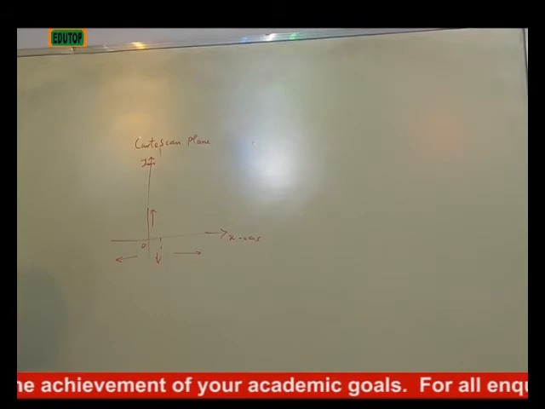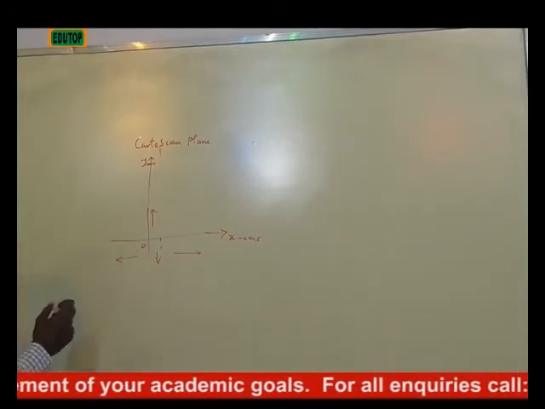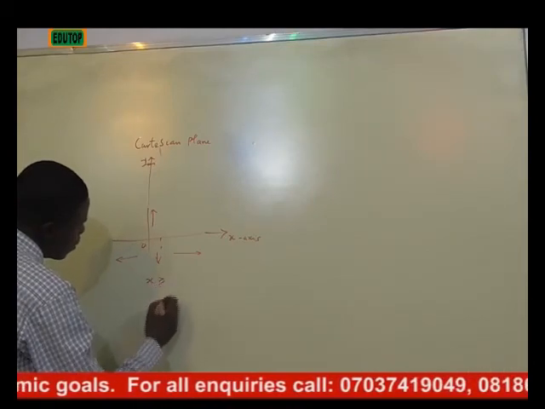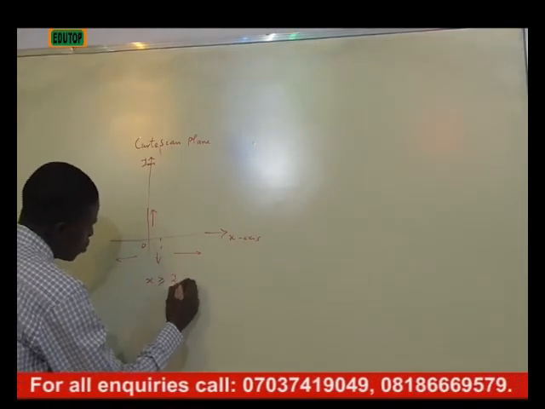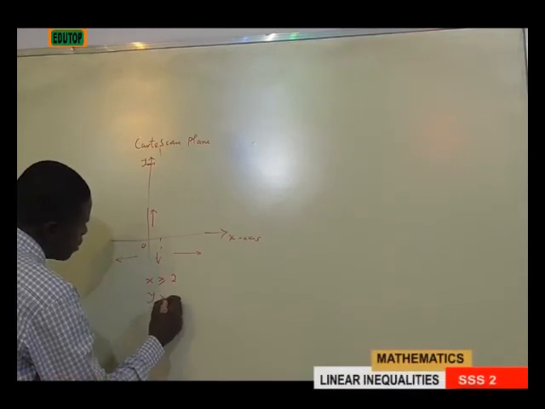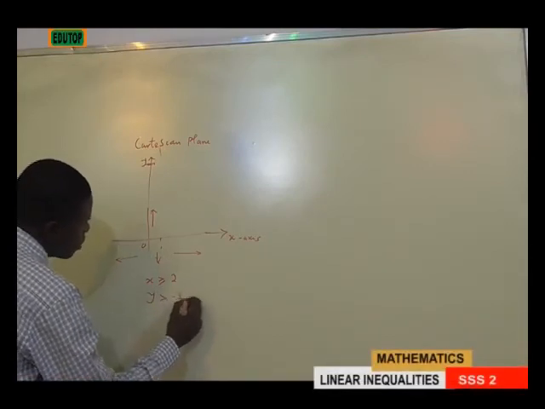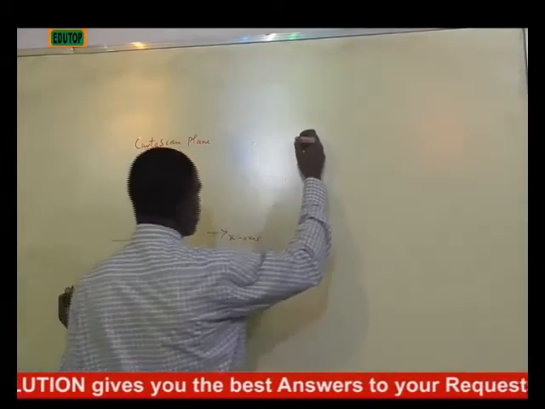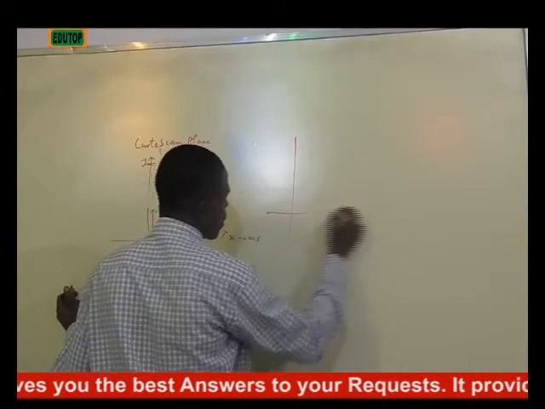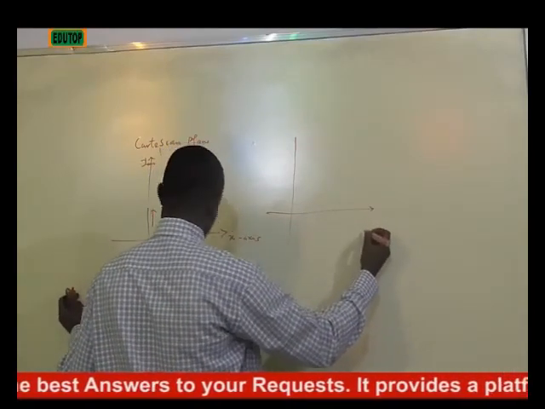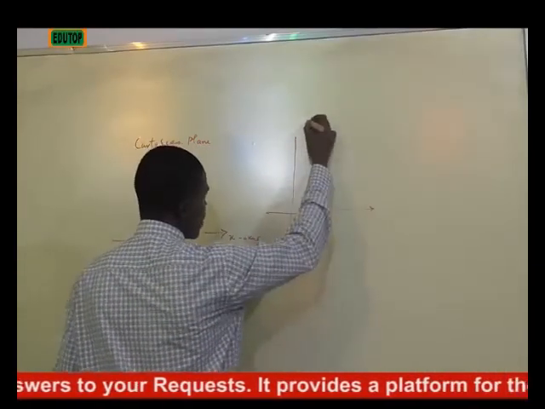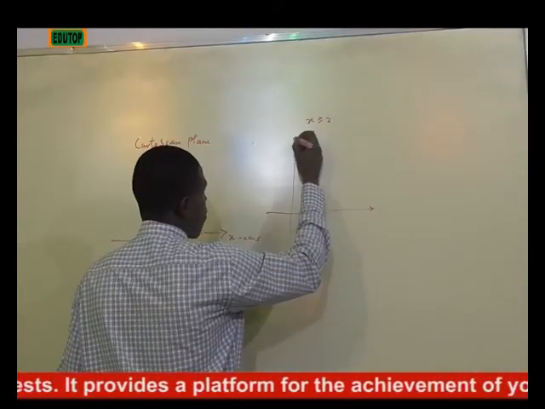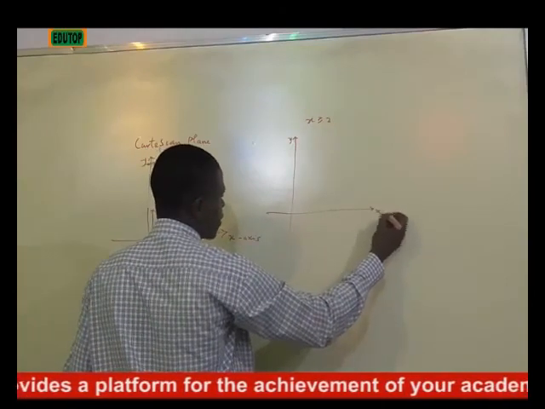So let's see some examples where our x is greater than or equal to 2, and then our y is greater than minus 3. In these two scenarios, we sketch our graph such that for the first case, that is x greater than or equal to 2, this is our y-axis, this is our x-axis.